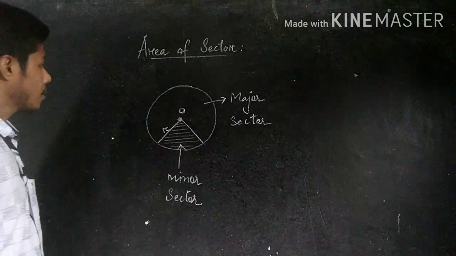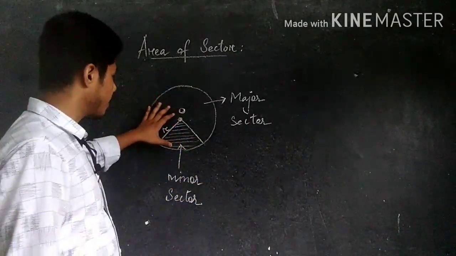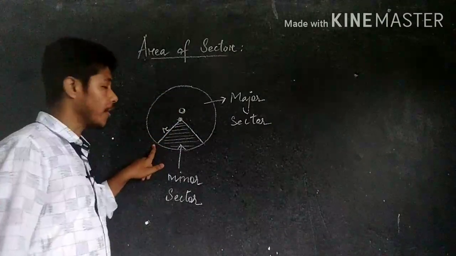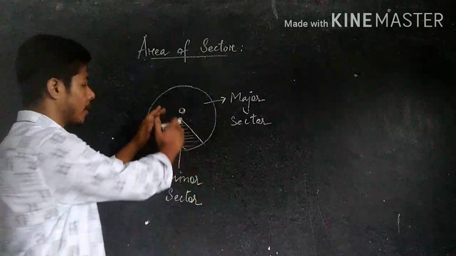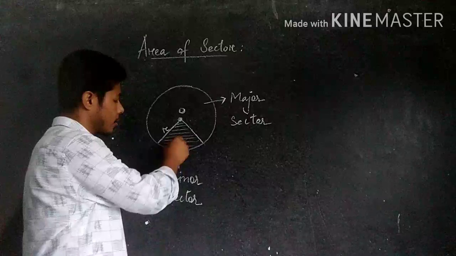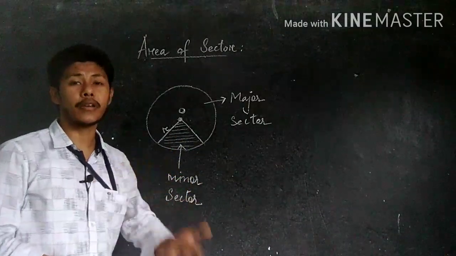So now, if we consider this circle with center O, and we draw the radius to the boundary, like I drew here, this shaded portion is simply called a sector. Sector means a minor sector.